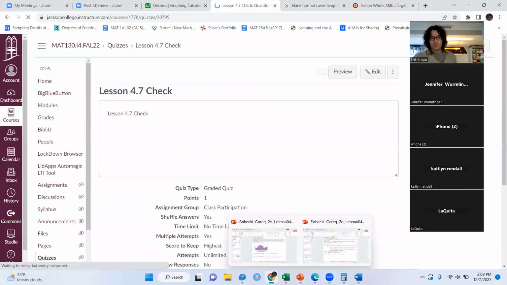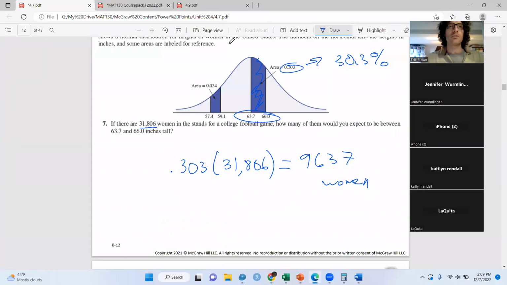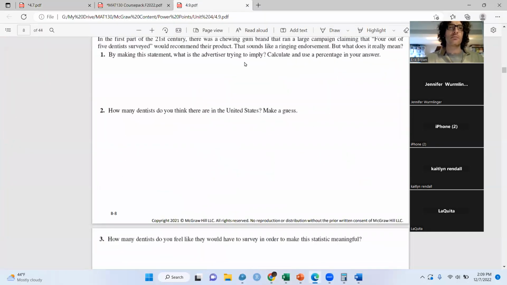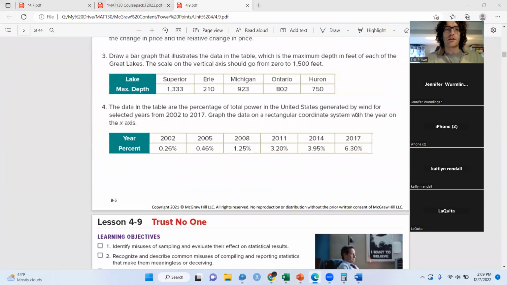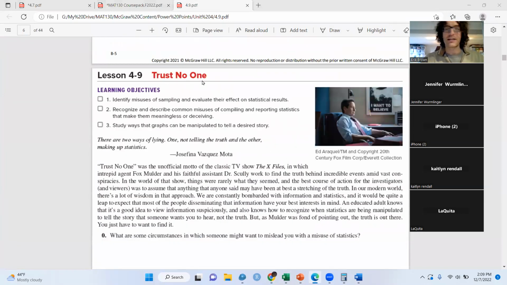Okay, so the last one, 4.9, we're talking about, I like his title, Trust No One, or believe that everyone is trying to mislead you for particular reasons.